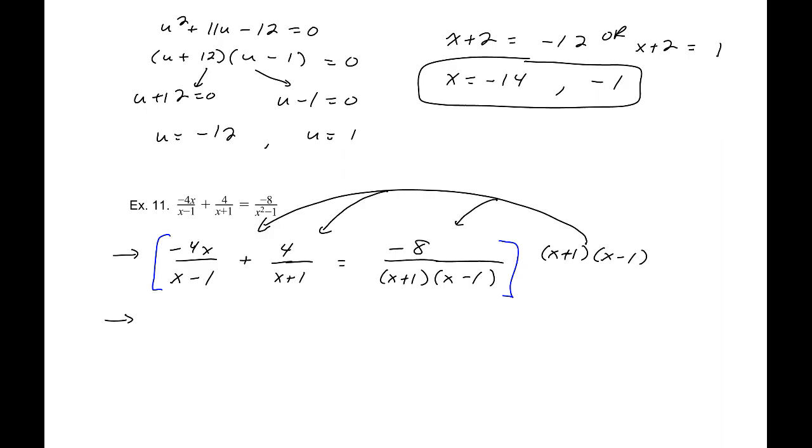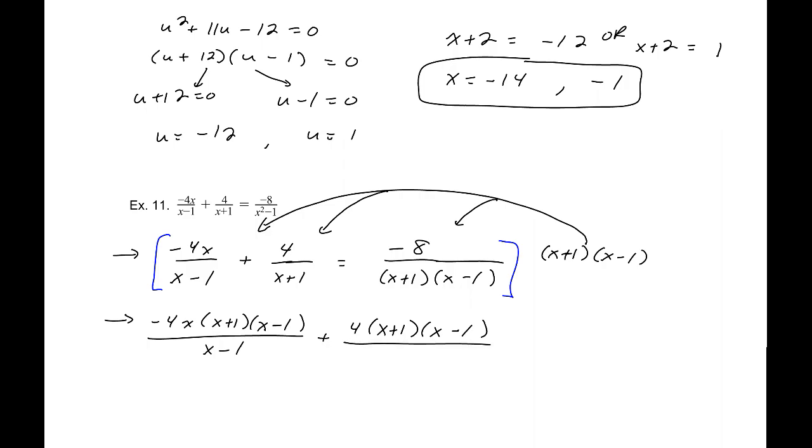So this is negative 4x times x plus 1 times x minus 1 over x minus 1, plus 4 times x plus 1, x minus 1 over x plus 1, equals negative 8 times x plus 1, x minus 1 over x plus 1, x minus 1.